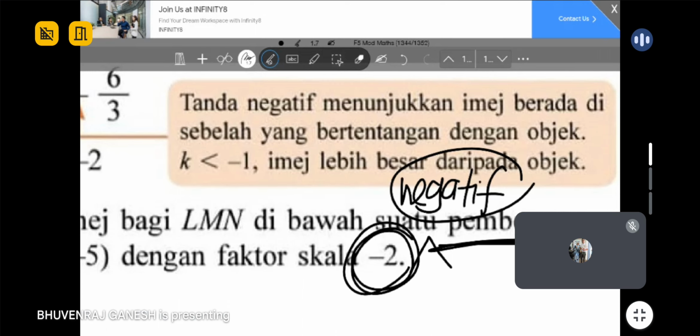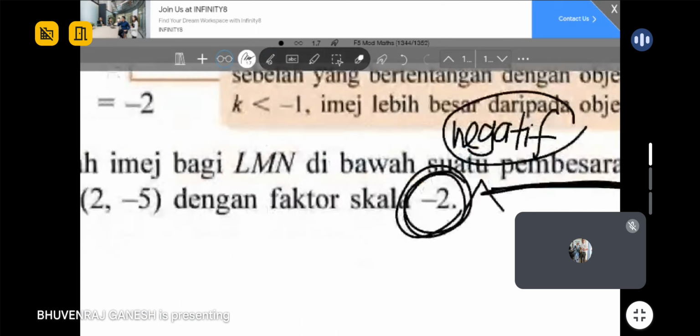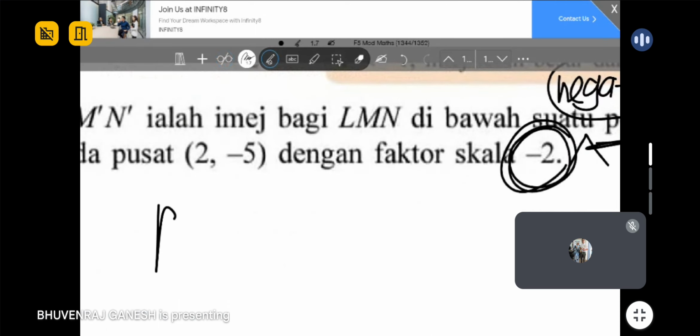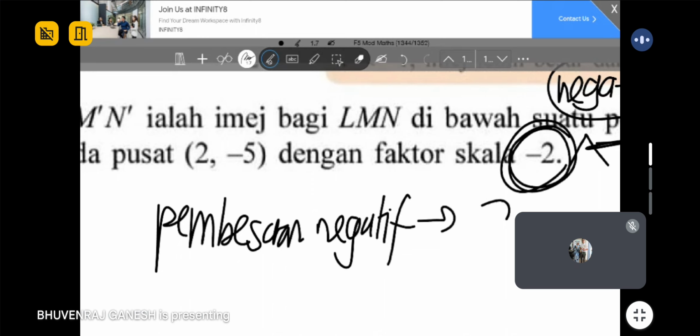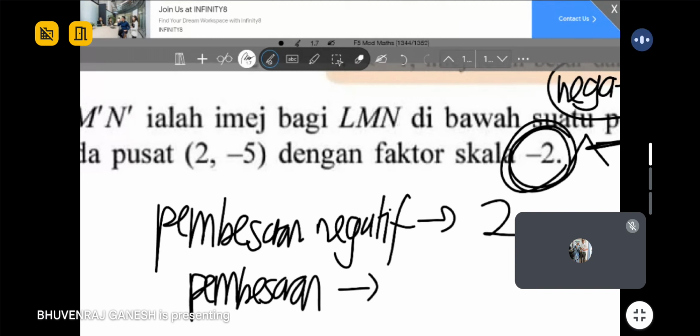Kamu bagi tahu pembesaran sahaja. Okay, so the concept is like, if pembesaran negatif, kamu cakap scale factor, faktor skala 2. Tapi, kalau kamu cakap pembesaran sahaja, kamu kena cakap -2, scale factor.